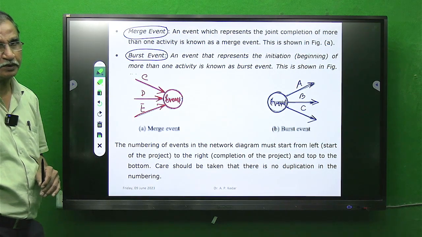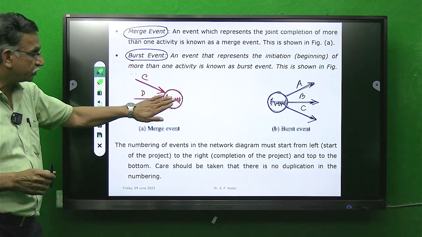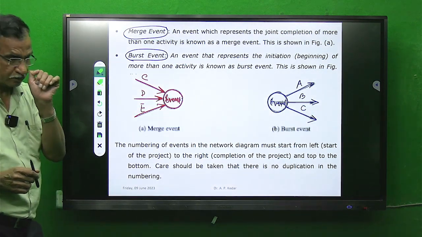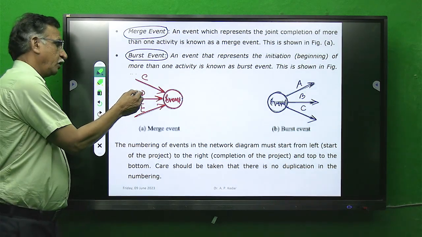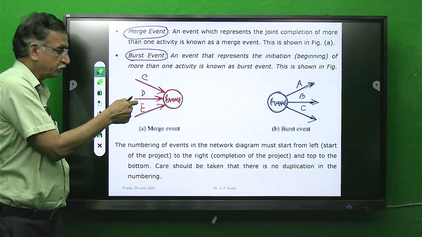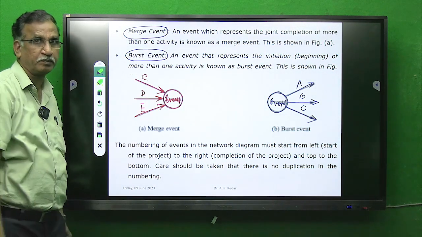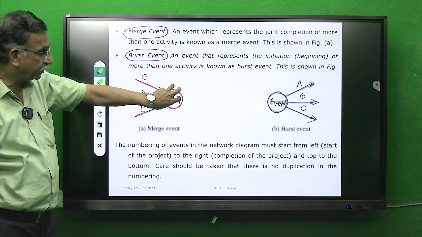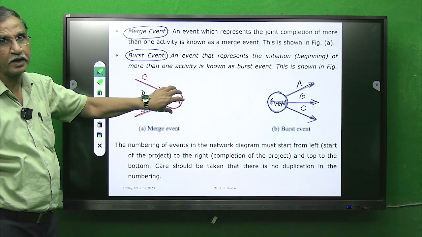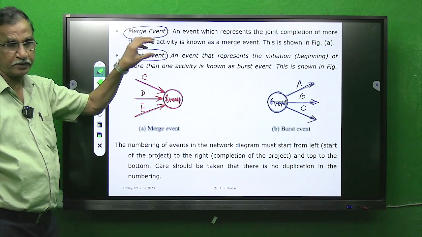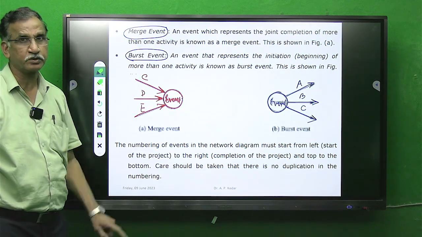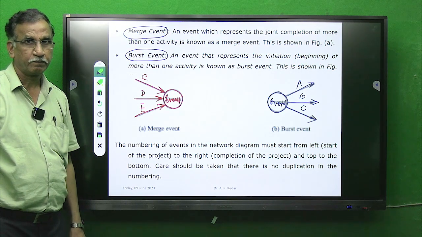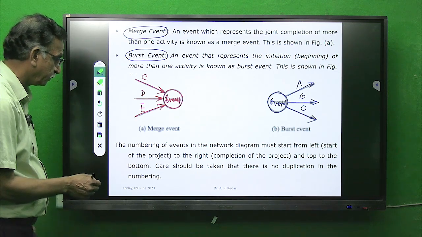It is not yet completed. We cannot say the event is complete unless all 3 activities merging into that event are completed. Got the meaning of merge and burst event? Let's move ahead.